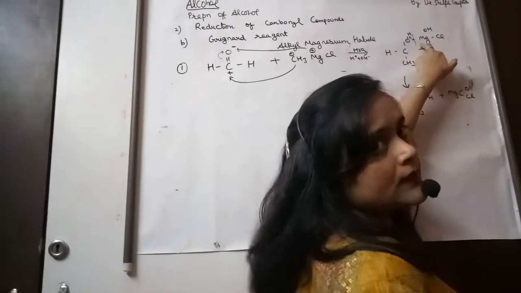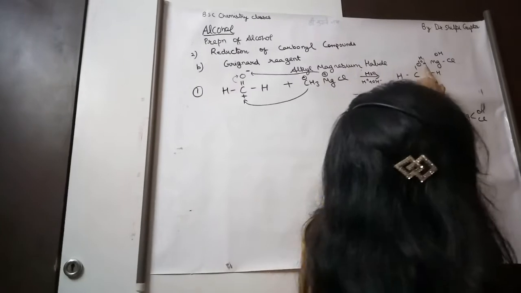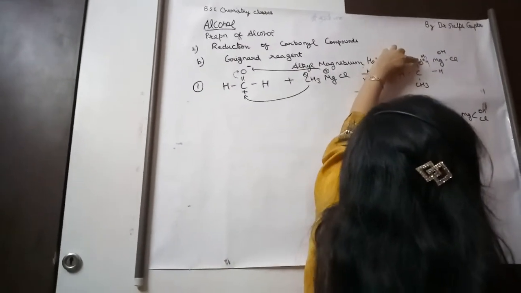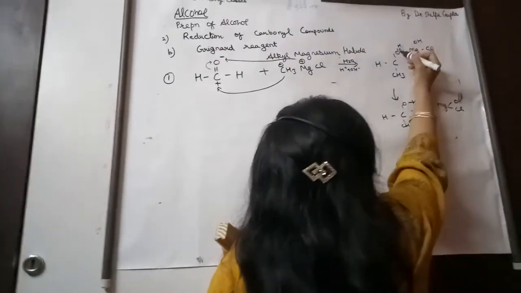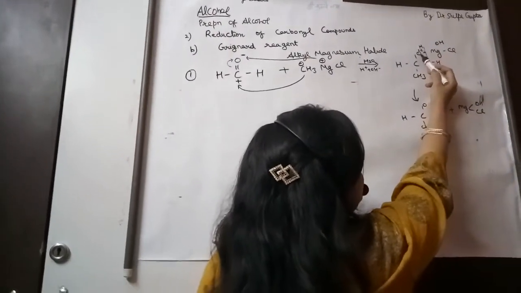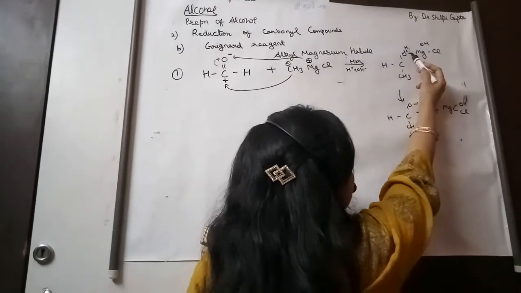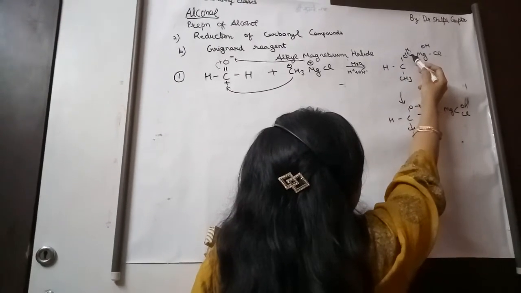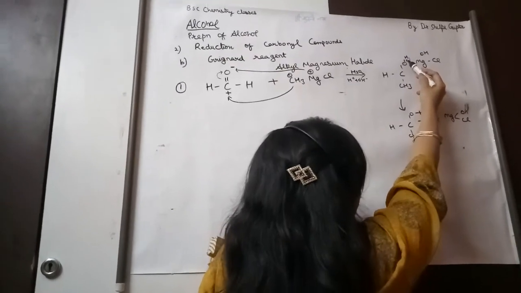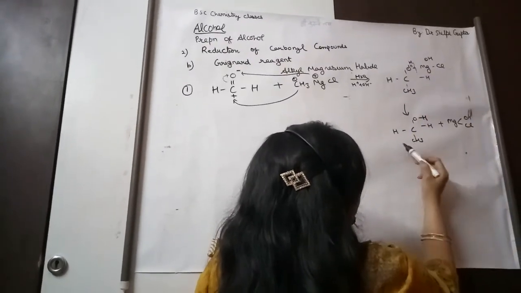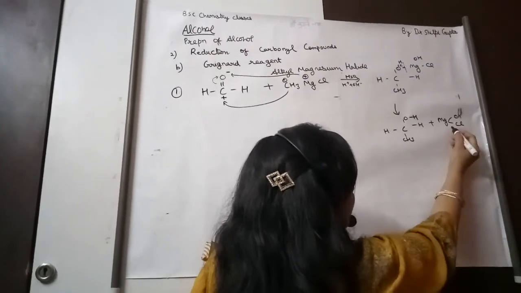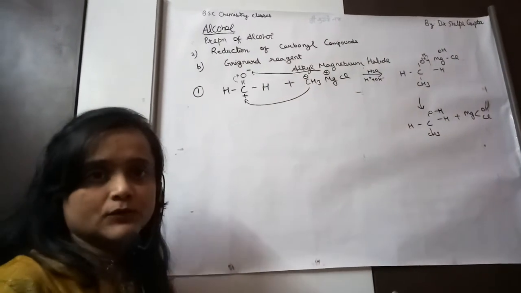Because it is sharing its bond with the H, oxygen will be electron deficient, so it will take the lone pair of electrons from this bond and will break down. And what will form? An alcohol will be formed. This is CH3CH2OH. Okay, and MgOHCl will be formed.